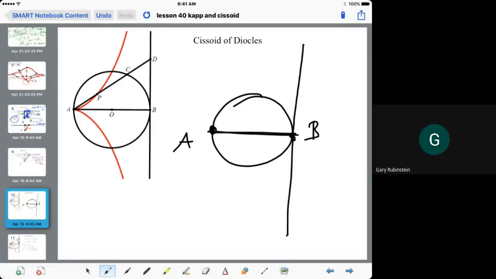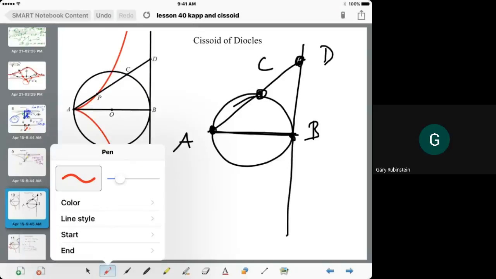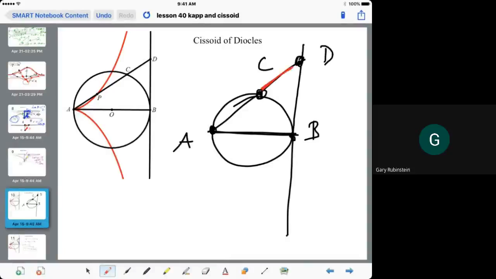You pick a random point D on the line, and you join A to D. And then where it intersects the circle, you call that C. Then you take this CD length and transfer it over there, and the endpoint of it is point P, which, when I do that for a bunch of other points, becomes the curve.